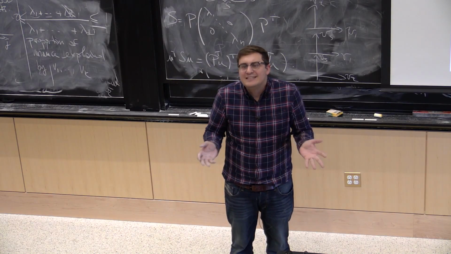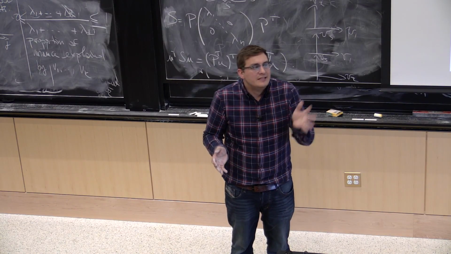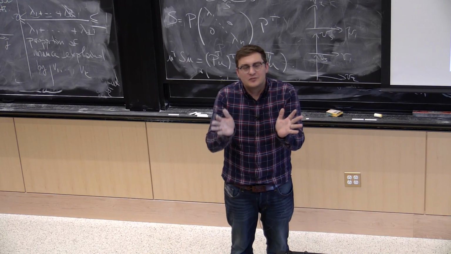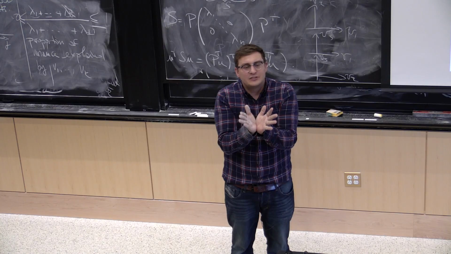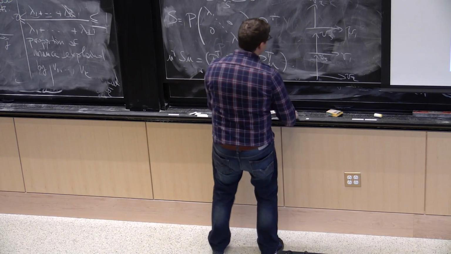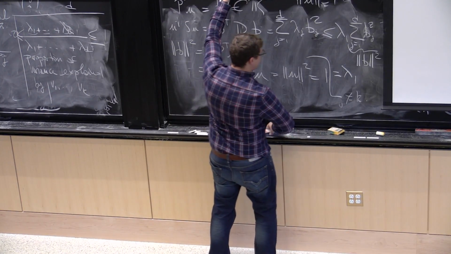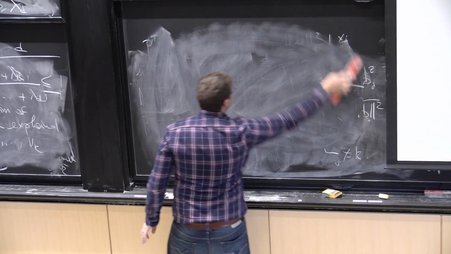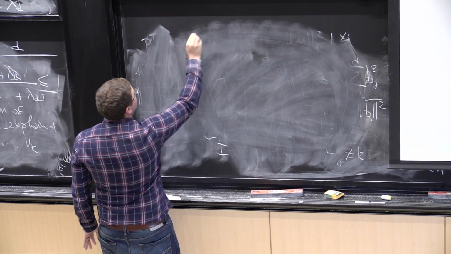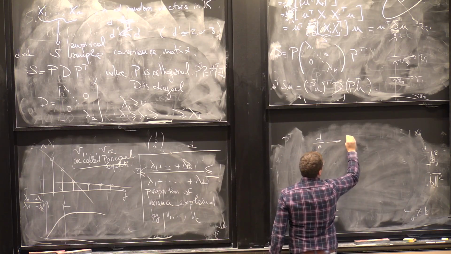But then, even in this case, I told you that the leading eigenvector of S is actually at an angle from the leading eigenvector of sigma. So let's say that D over n goes to some gamma.